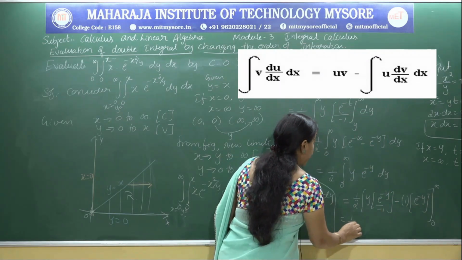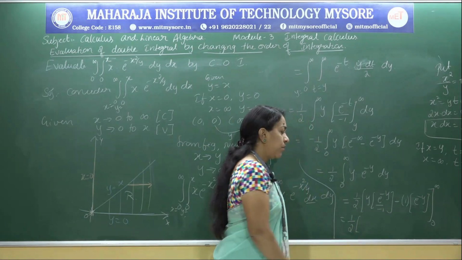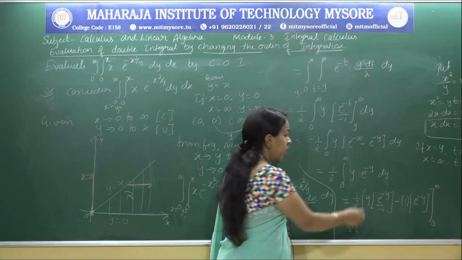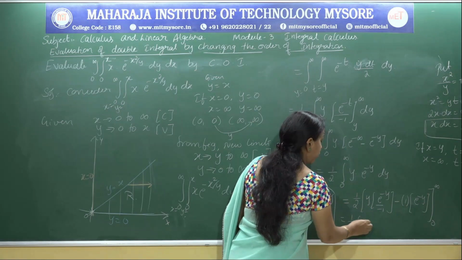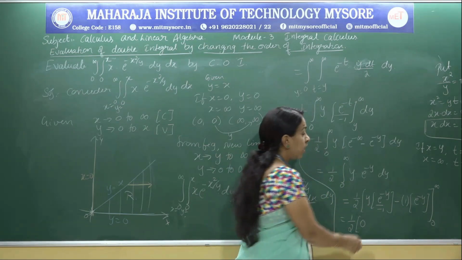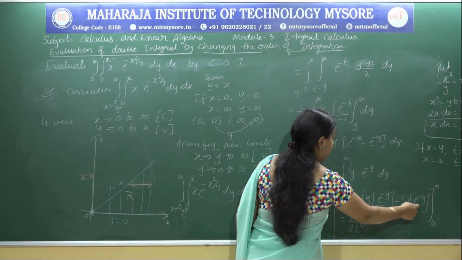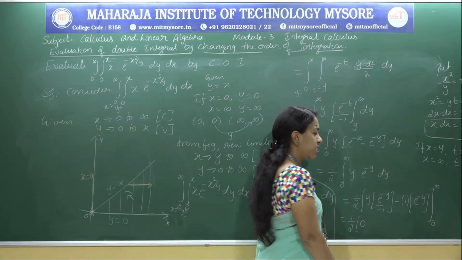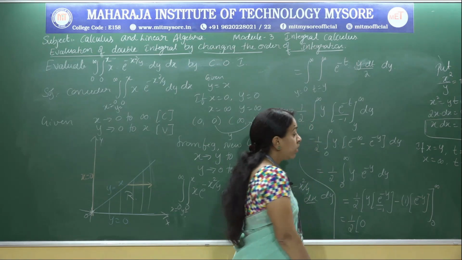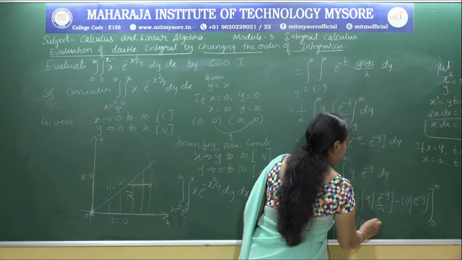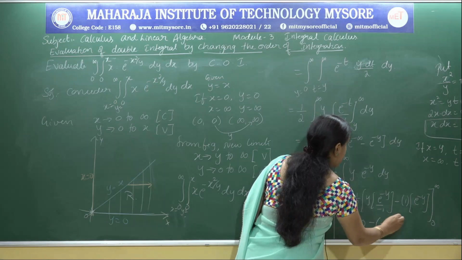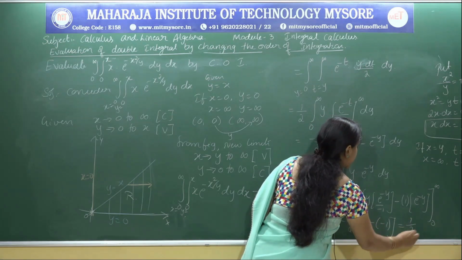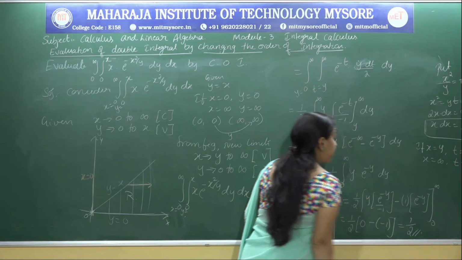Now apply the limit: 1 by 2 times of e power minus infinity is 0, and 0 into e power 0 is 0, the first limit is 0, and the second one, minus of e power minus infinity. So we have e power minus infinity as 0, and minus of e power 0 will be minus 1. So our final answer is 1 by 2.